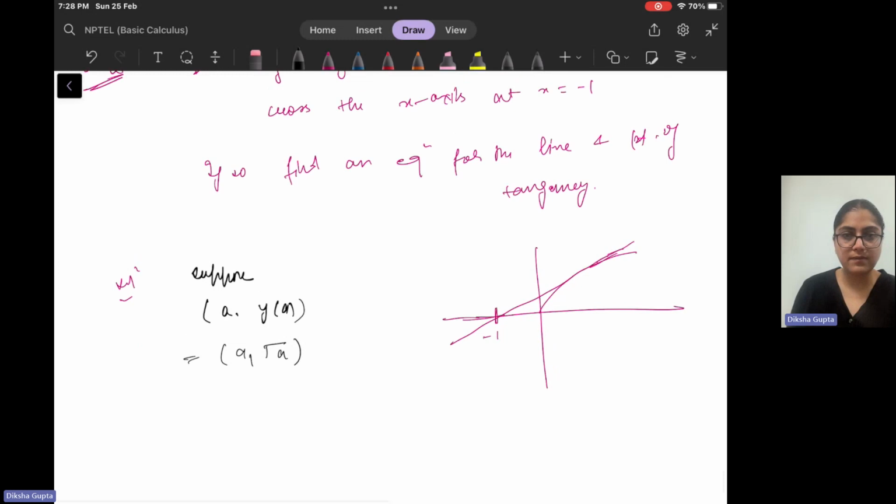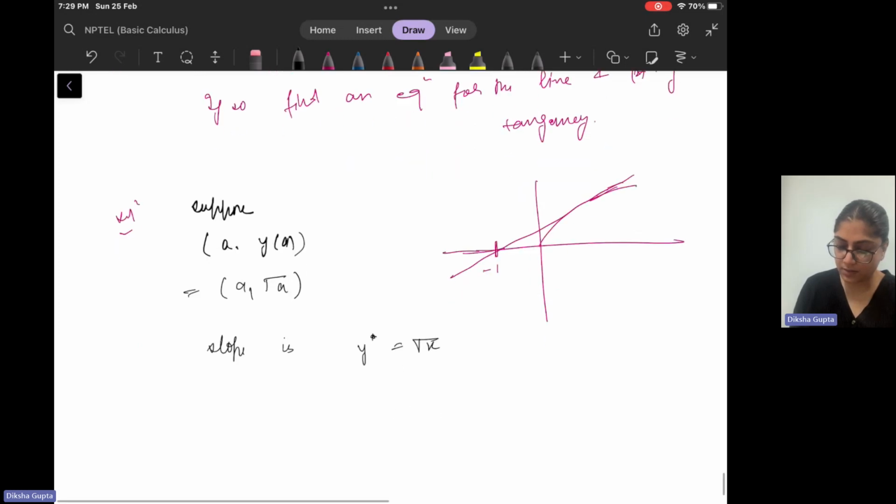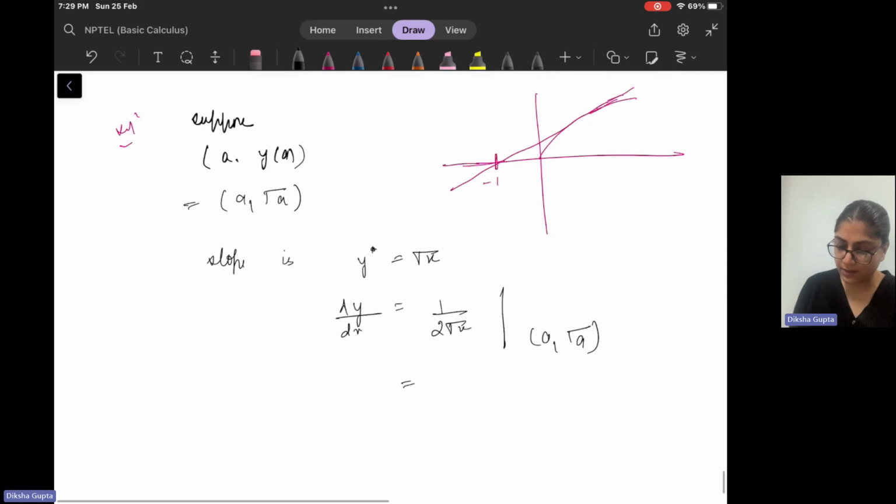So let's see whether such an a exists. So the slope, using the curve y equals root x, dy by dx is 1 by 2 root x, and at the point a comma root a it is 1 by 2 root a, right?